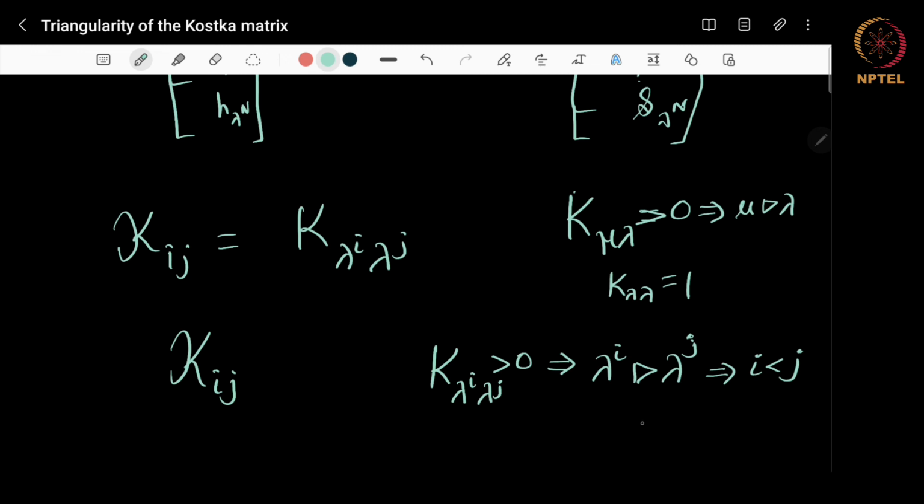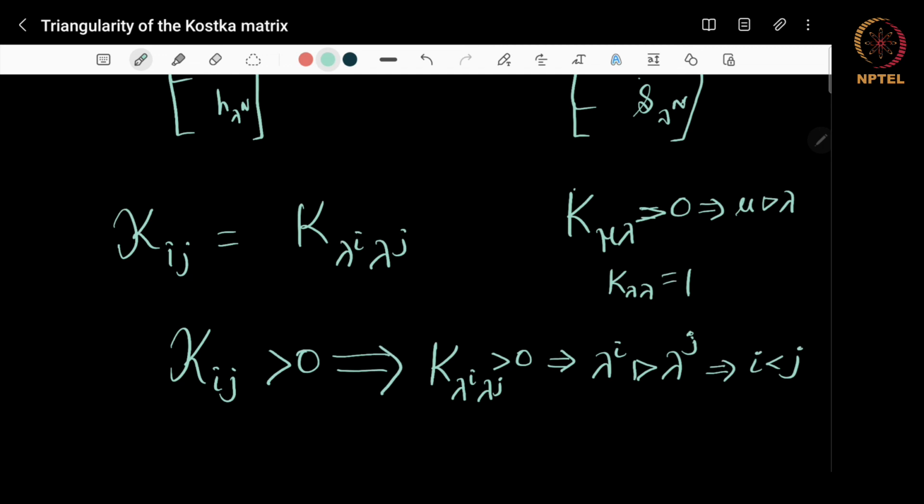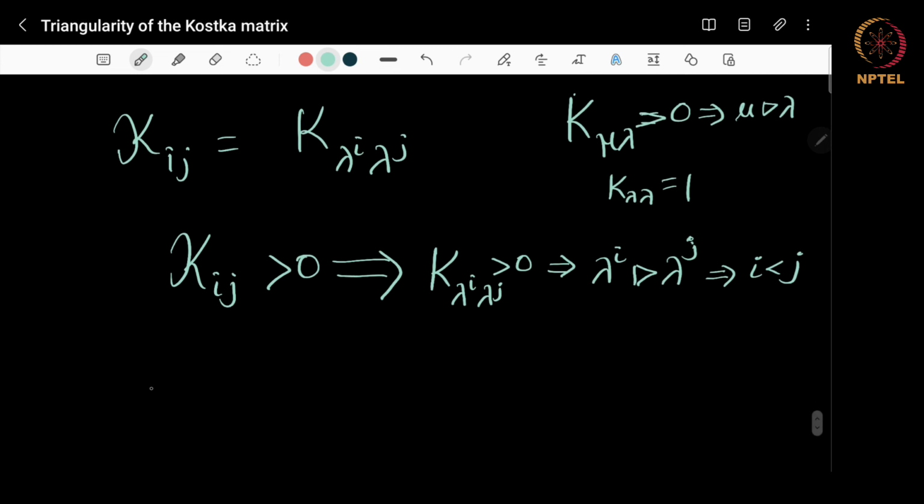This means that if this entry, the script K ij entry, is positive, then it implies that i is less than j. So if you look at what the script K matrix looks like, if it has a positive entry, that entry only occurs when i is less than j.